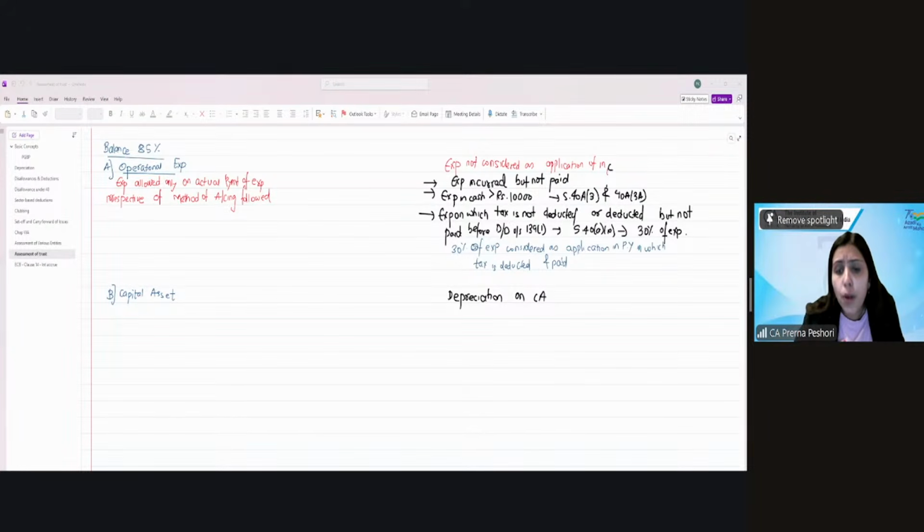Fine. Also, one more important thing over here is, what if I modify the objects of the trust? Like, let's say, for example, my objective for the trust is relief of poor. Now I'm opening up some food facility, some hostel facility also.